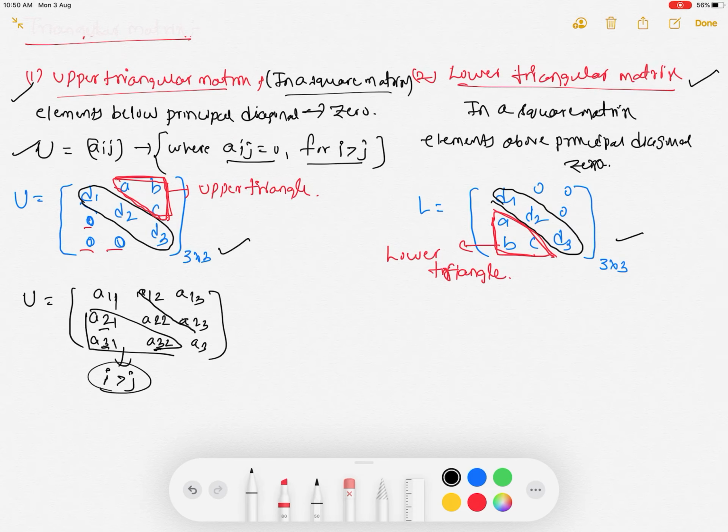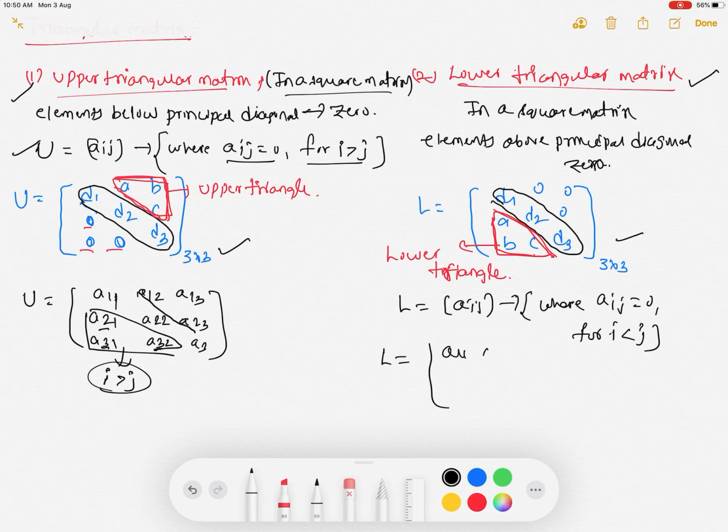Similarly, we can form L equal to Aij, where Aij equal to 0 for i less than j. Here also we can see the same A11, A12, A13, A21, A22, A23, A31, A32, A33. See, upper triangle elements are becoming 0, lower triangle elements are not becoming 0.